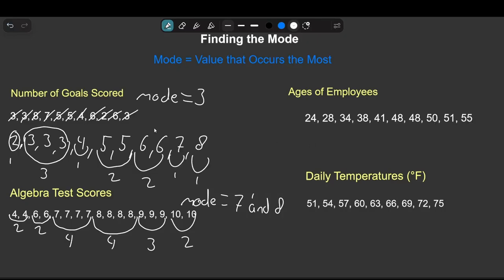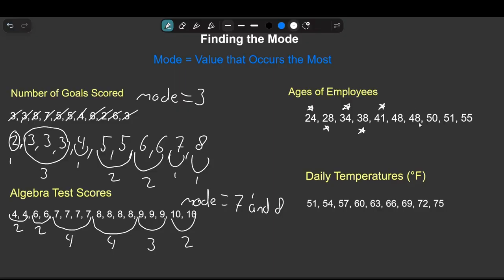Now I'm going to show you another way to write this down. You can also put symbols on it. Like we have 24, 28, 34, and they all have 1. So I'm going to put a star above all of them because they only have 1. 38 also has 1. 41 also has 1.